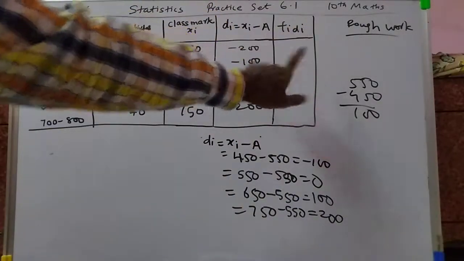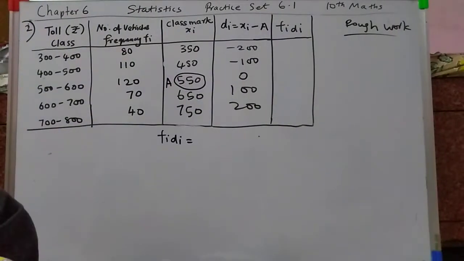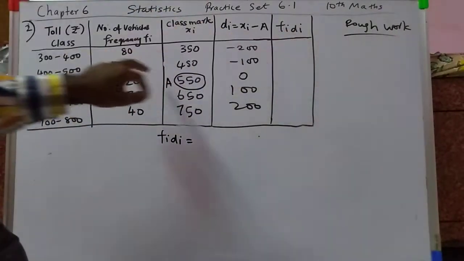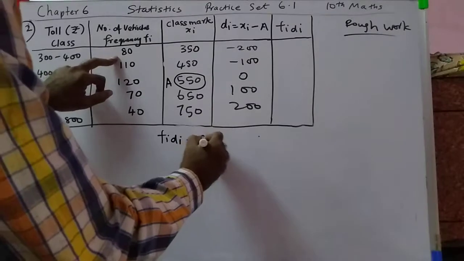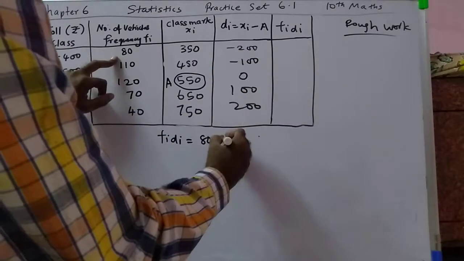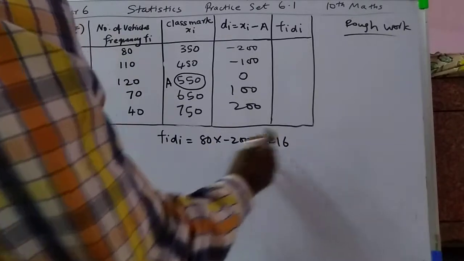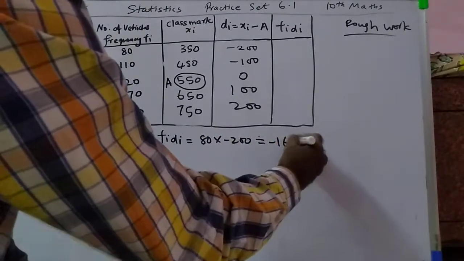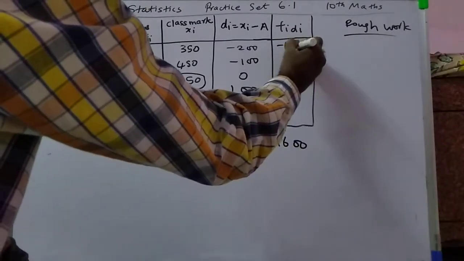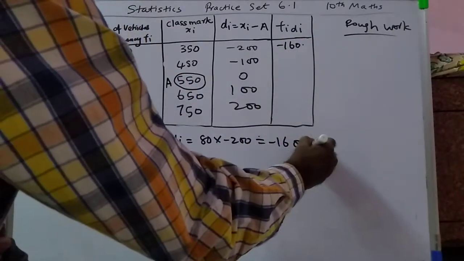Now we will do this, fi into di. Fi is 80, di is minus 200, okay. 8 into 2, 16, one more 0 will come, minus 16,000.